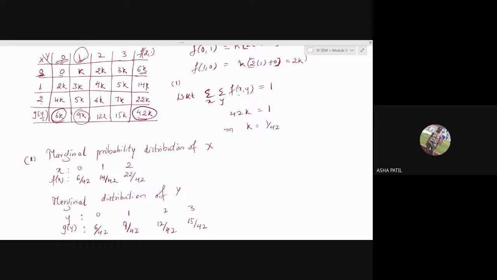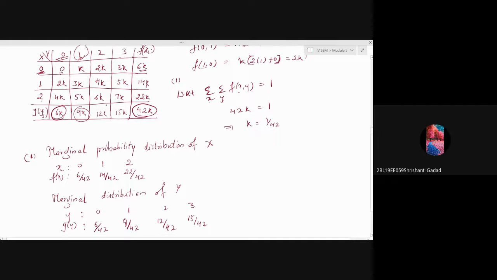When you say they are independent, what's the definition? Apart from that condition, what is the definition? Before that, I think we have written one more.